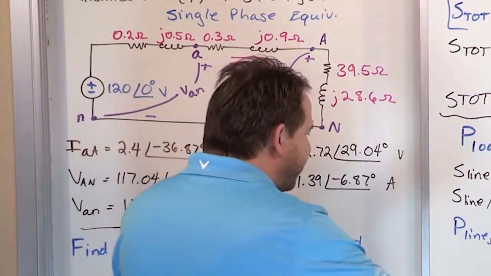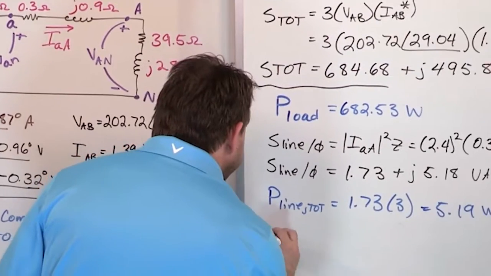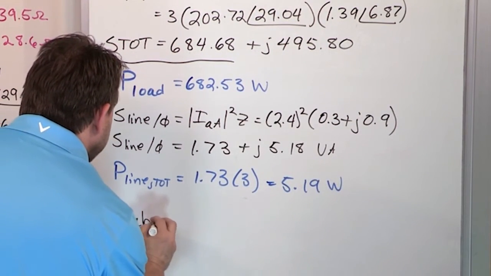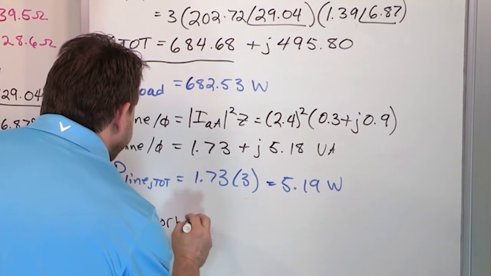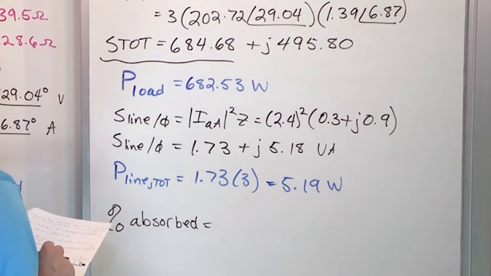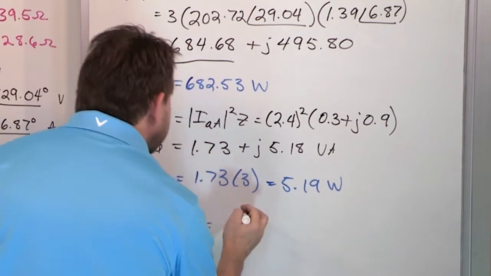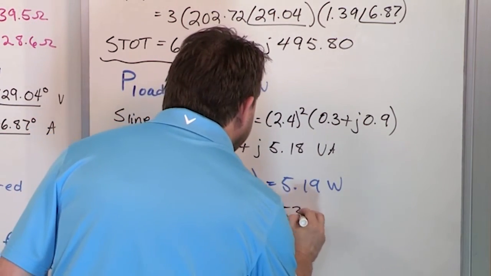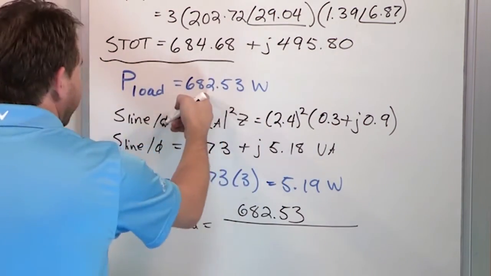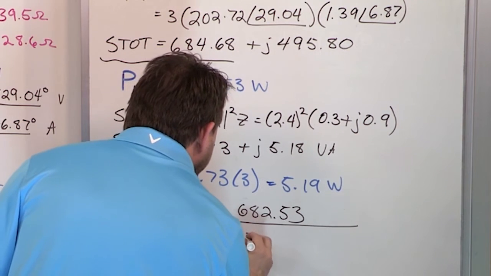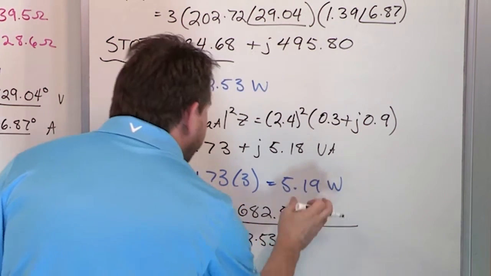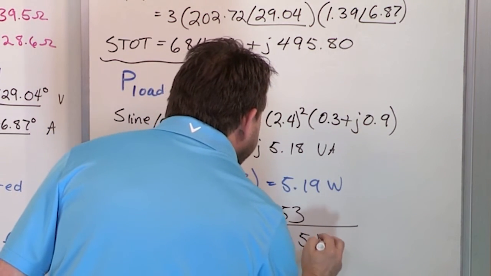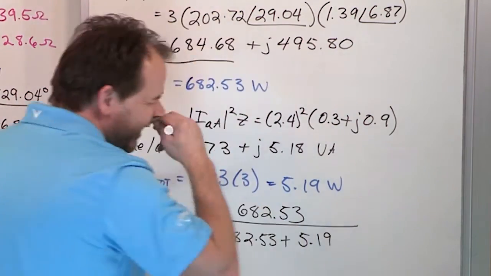So to figure out what that percentage is, the percent absorbed is going to be how much is delivered to the load, 682.53, divided by whatever is absorbed in the load plus whatever is absorbed in the line, 5.19. Basically, it's part over whole.